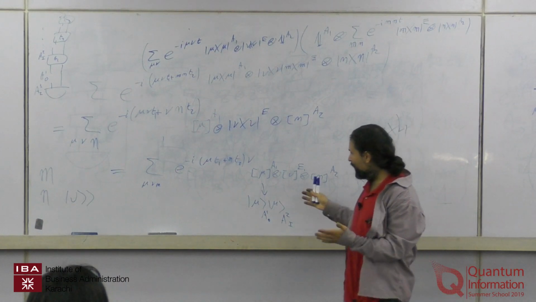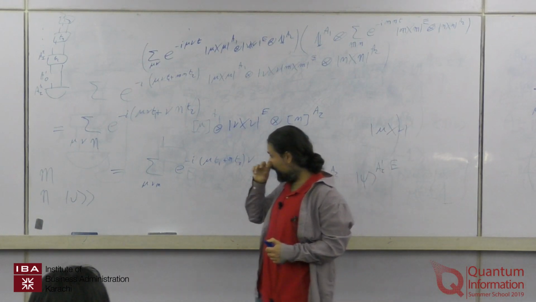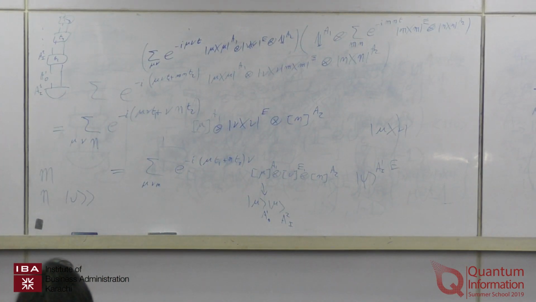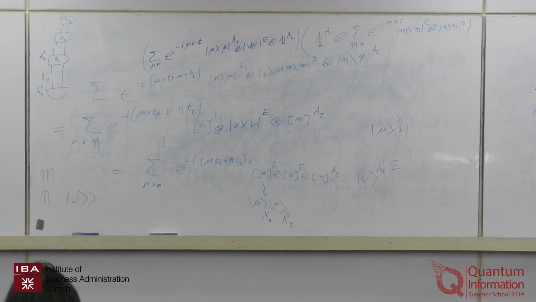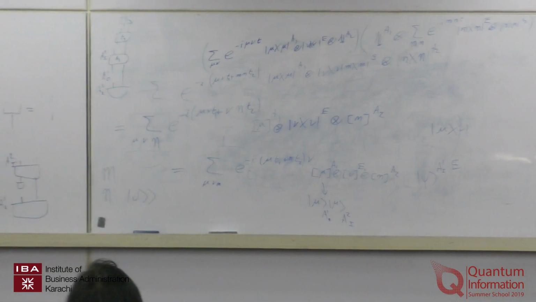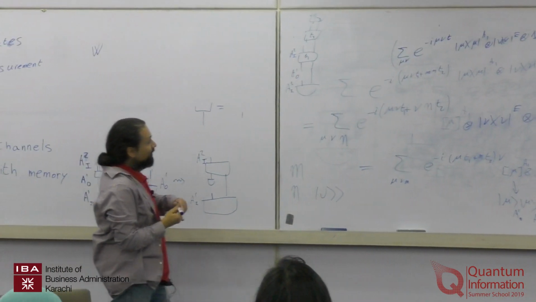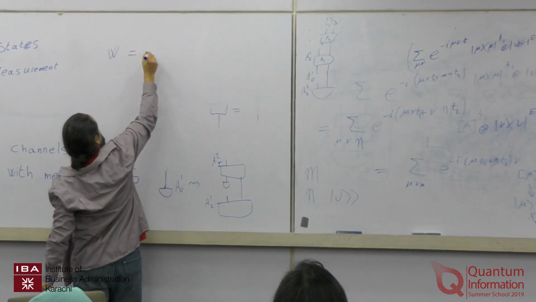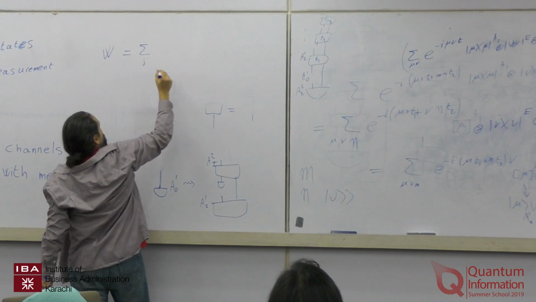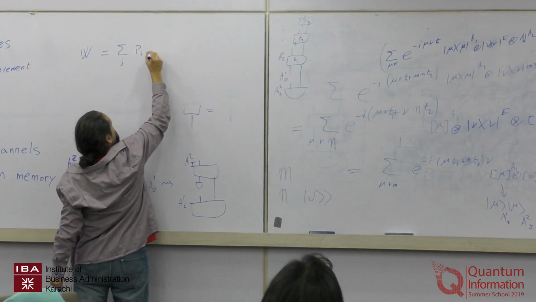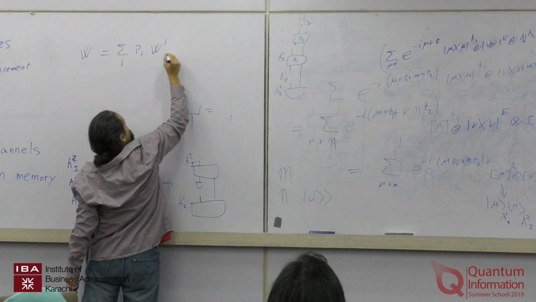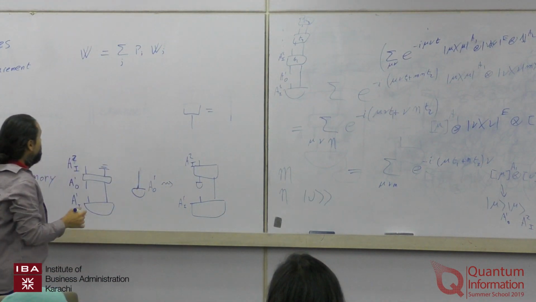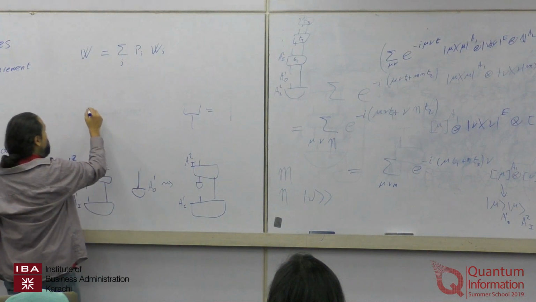So the bottom line of this exercise that we don't get to do explicitly is that when you go through this calculation, it turns out that you end up with the process matrix, which now is a density matrix that lives on the tensor product of all these subsystems, and is a sum of some coefficient times some process matrix J. And each of these process matrices is actually a product.